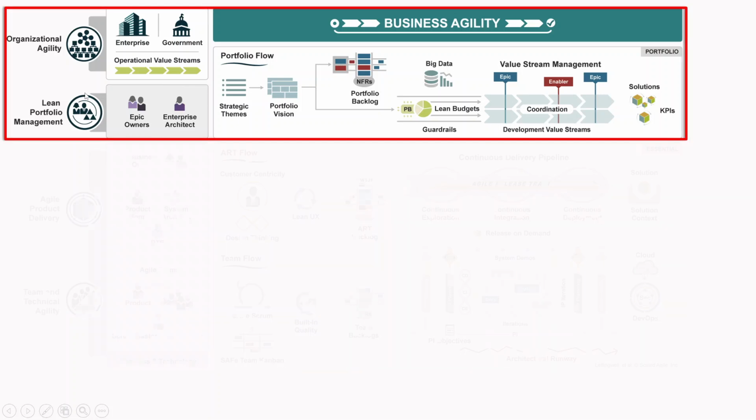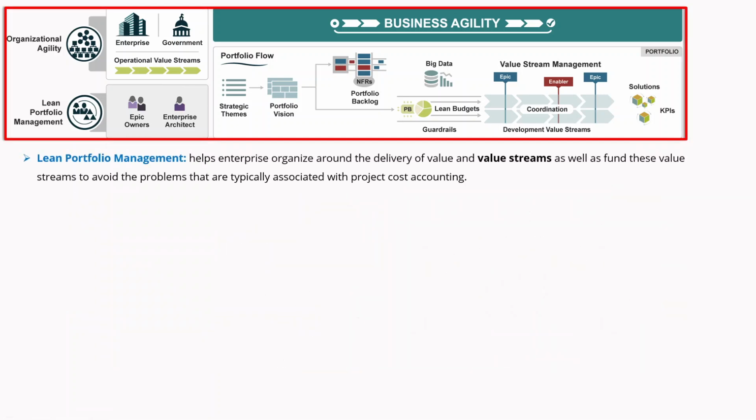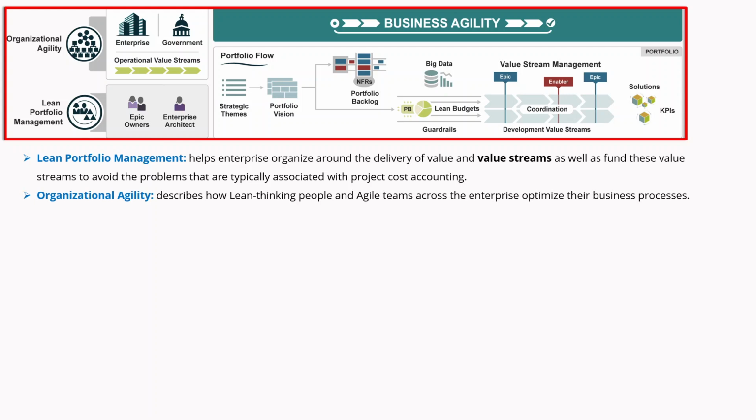So Lean Portfolio Management helps the enterprise organize around the delivery of value and value streams, as well as fund these value streams to avoid the problems that are typically associated with project cost accounting. The Organizational Agility describes how lean thinking people and agile teams across the enterprise optimize their business processes.